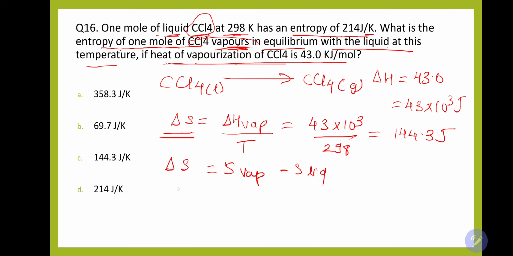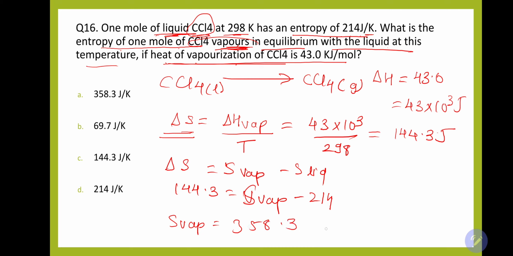So the total entropy change is 144.3. Sorry, the entropy of vapor is not given, we have to find it. The entropy of 1 mole of liquid is given as 214, so minus 214. So S of vapor is equal to 358.3 joules per Kelvin per mole. Okay, so it is 358.